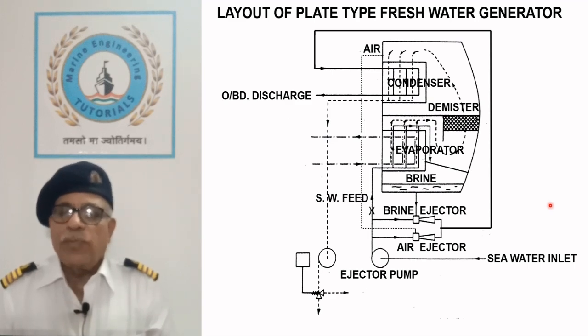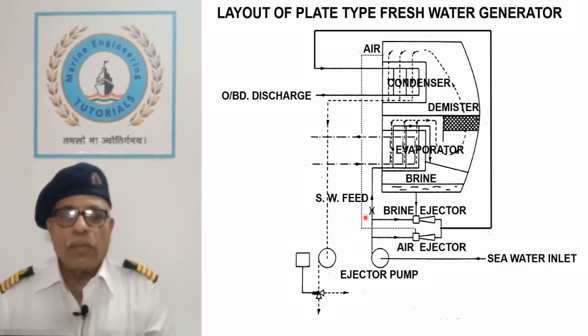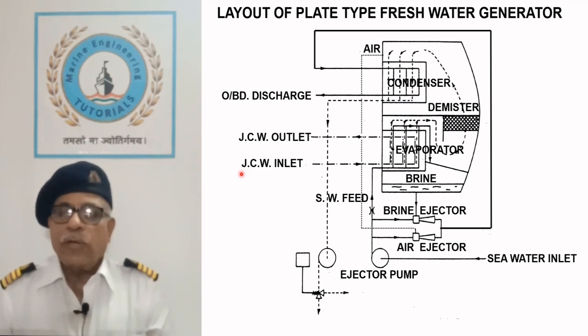When 90% vacuum is attained, seawater feed is supplied to the evaporator through the orifice. Engine jacket cooling water is circulated through the evaporator plates, which boils part of the seawater and the remaining is discharged as brine.